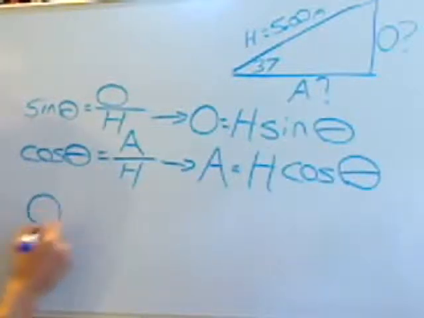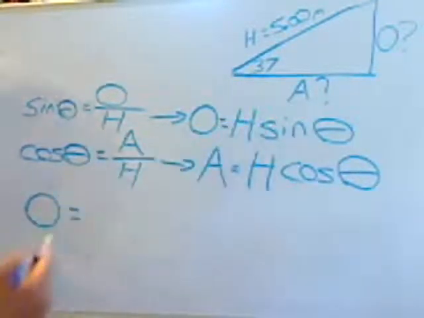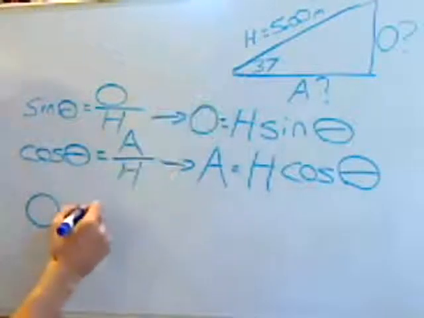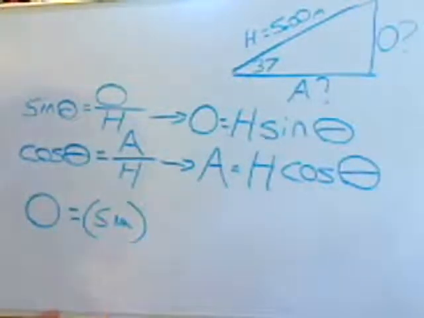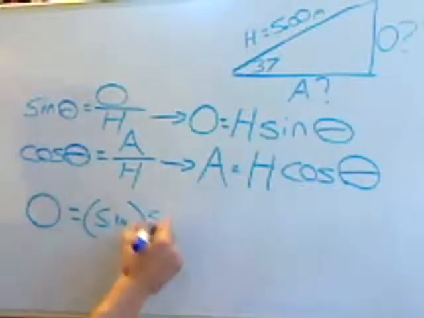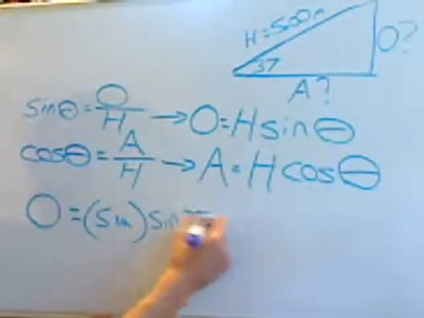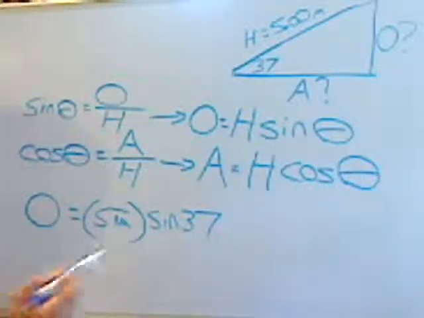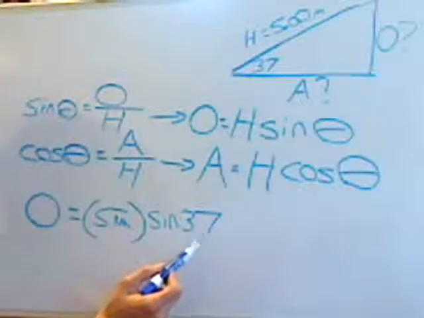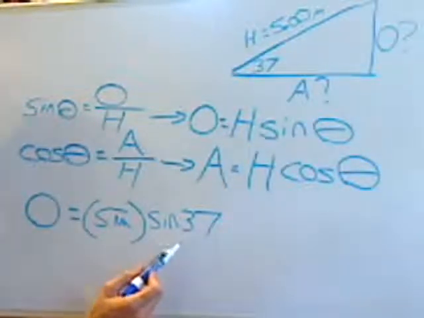Okay, so O is h times sine theta. H is 5 meters times the sine of 37. Okay, so if you go to your calculator here, the way this works is you just put in the number 37 and press sine.